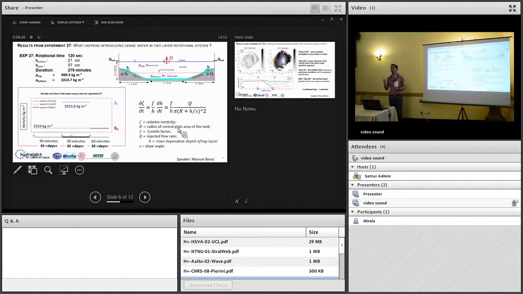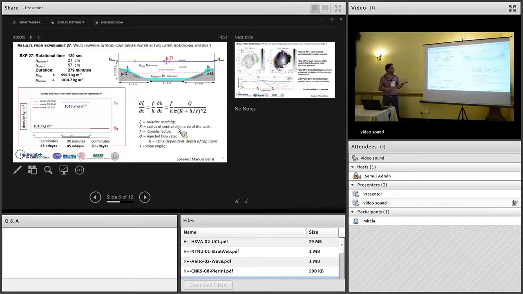That can be considered 1 rotational day with respect to the Earth, and we used this configuration regarding the bottom layer and the upper layer, and the duration of the experiment was 279 minutes.